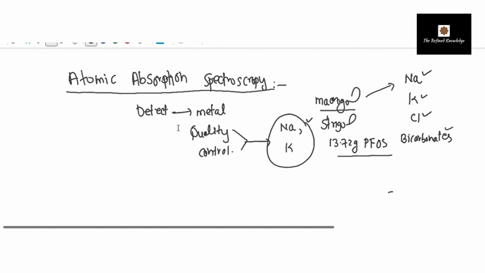If we are doing atomic absorption spectroscopy for sodium and potassium, we are doing two tests. One is SA and the other one is CU, which we also call content uniformity.